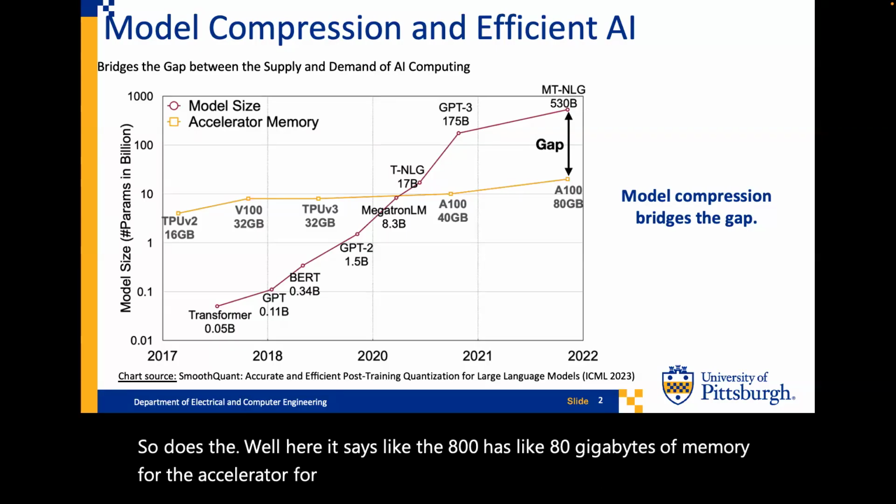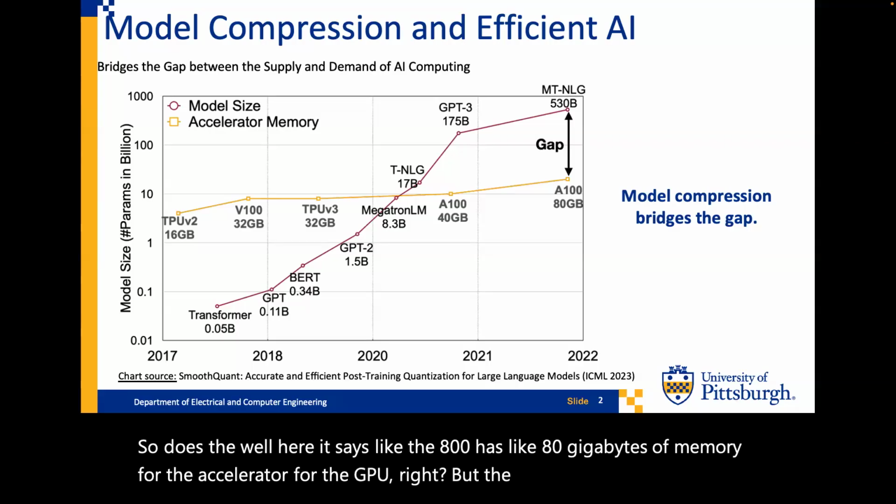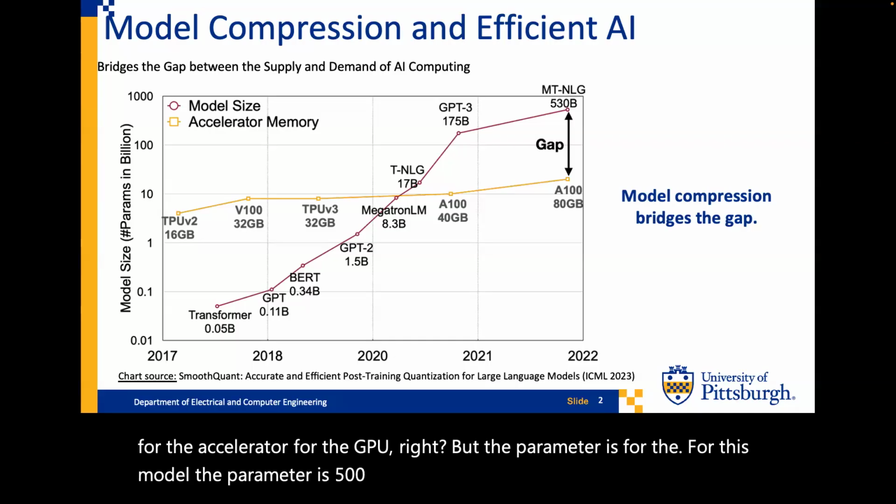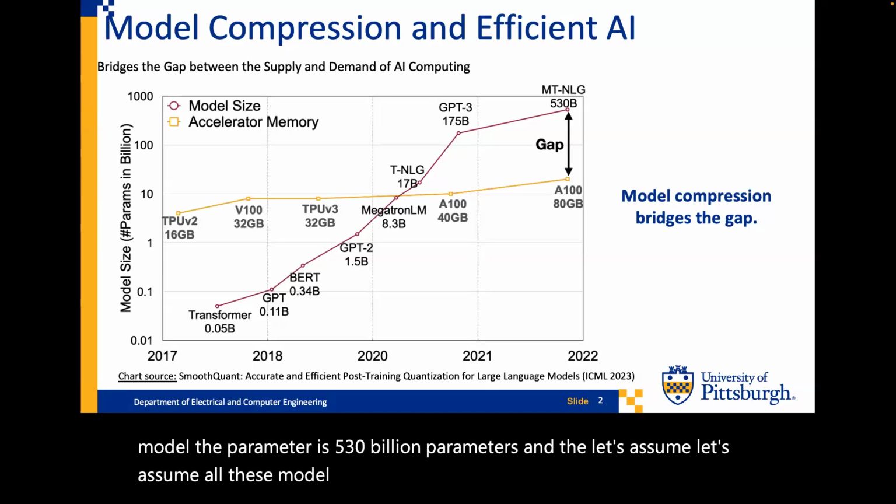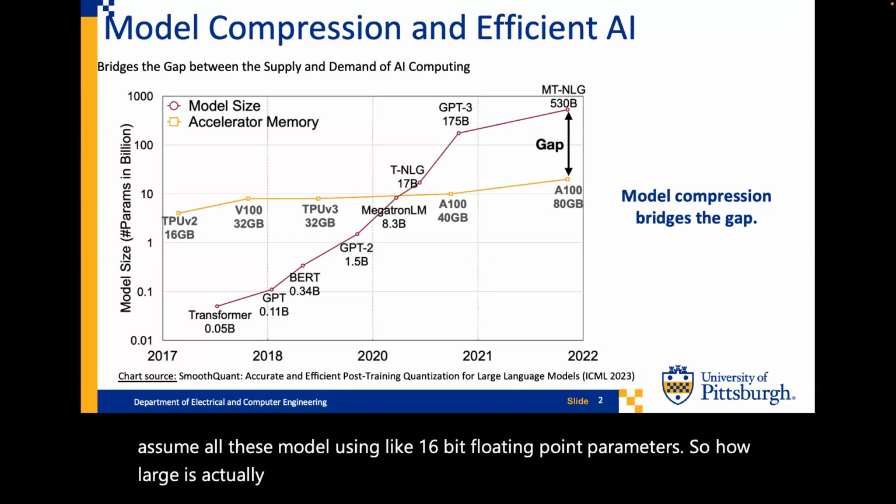But this model has 530 billion parameters. Let's assume all these models use 16-bit floating point parameters. So how large is 530 billion parameters in terms of storage?